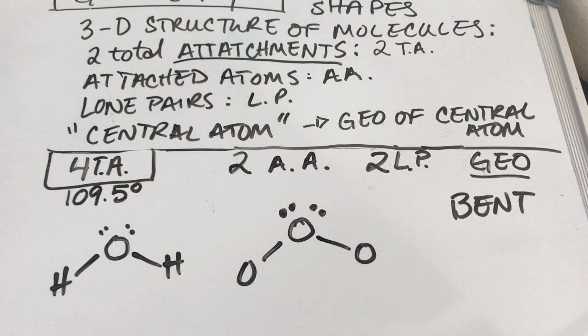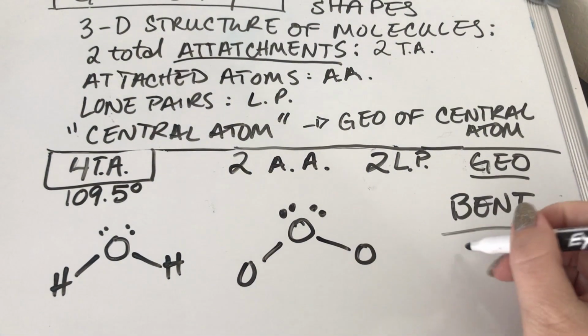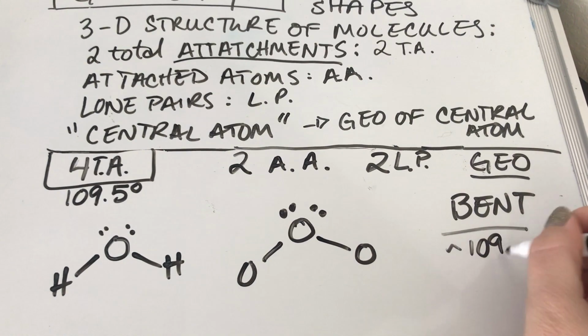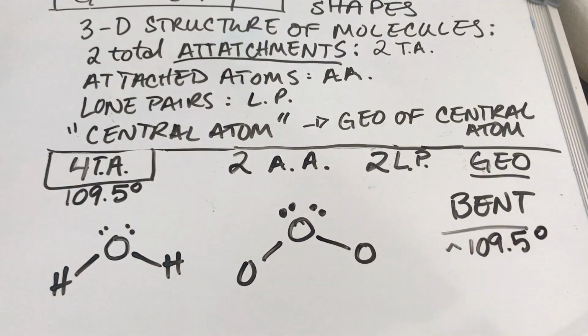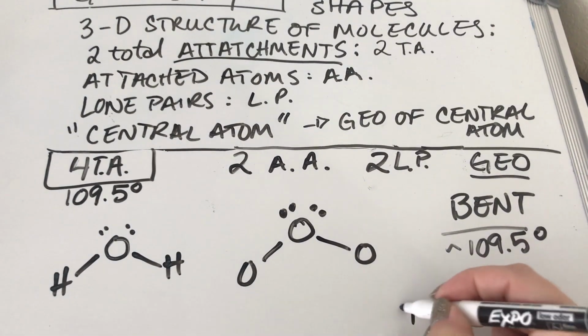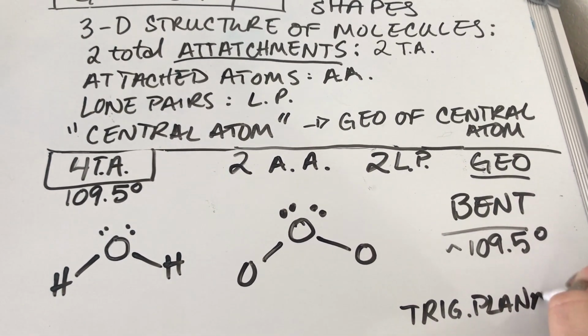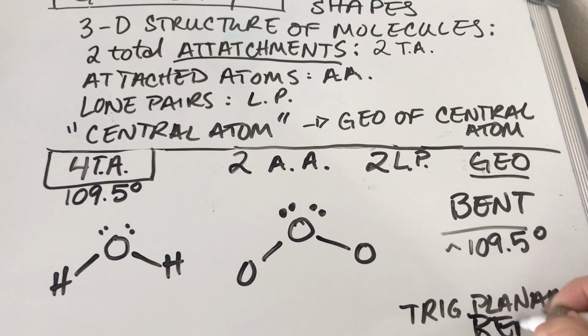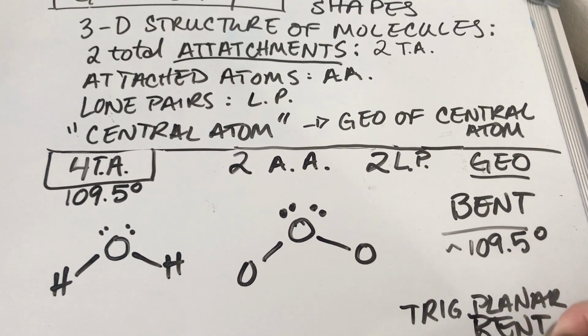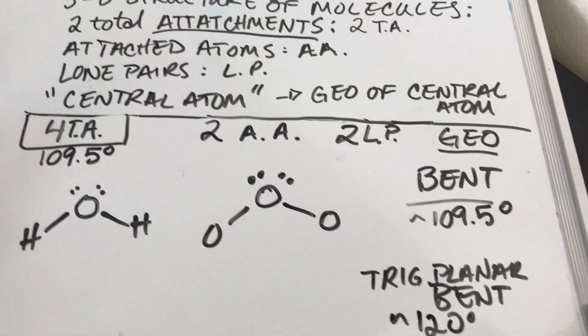I'm not going to ask you to know the electron geometry, but if you have 4 total attachments, then the electron geometry would be tetrahedral, right? And that's what determines the angle of this bent as being 109.5 versus the trigonal planar bent, which is about 120. Sorry, I went off the map there.